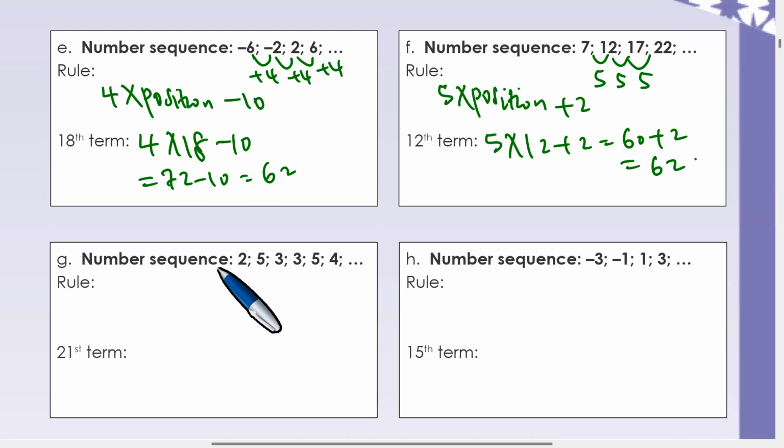But what about then we have 3? What are we adding actually in G?